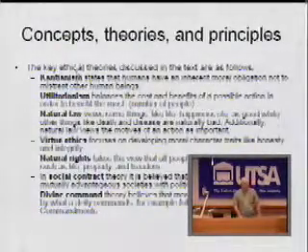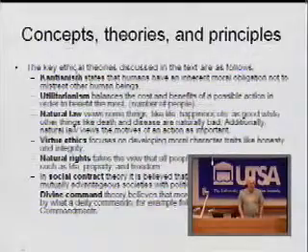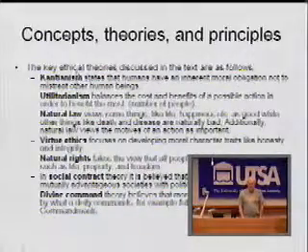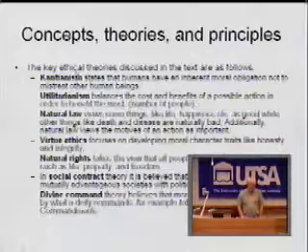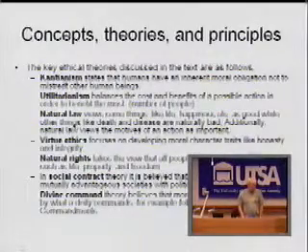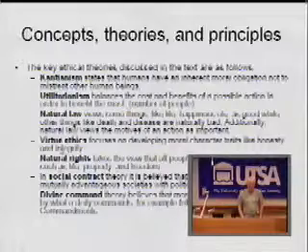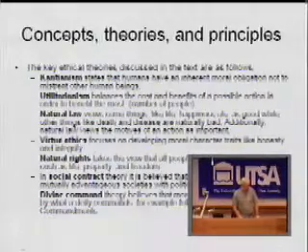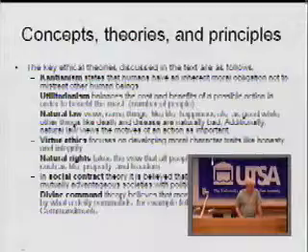So the key ethical theories that the authors have included in the textbook, a short list of the long list of those that do exist: Kantianism, utilitarianism, natural law, virtue ethics, natural rights, social contract theory, and divine command theory are the ones that the authors felt were most important to mention in the context of research ethics.